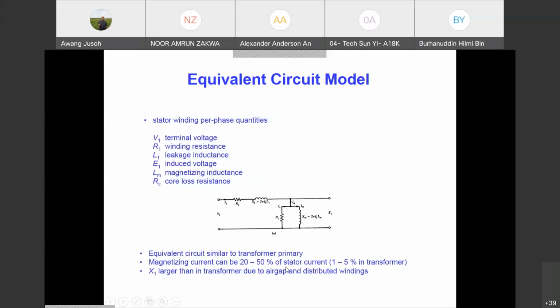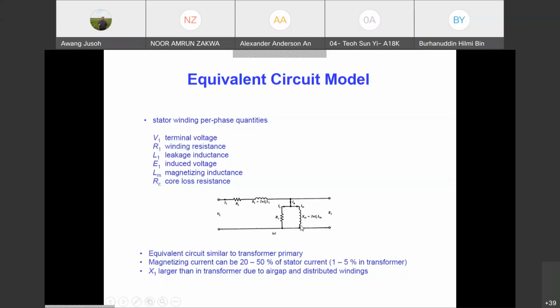In this induction machine, the magnetizing current IM contributes about 20% to 50% of the stator current. The amount of IM is about 20 to 50% of this I1. Whereas in the transformer, it's about 1 to 5% only. Small current is required in the transformer, but in the machine we need high current to set up flux, because the machine has an air gap.